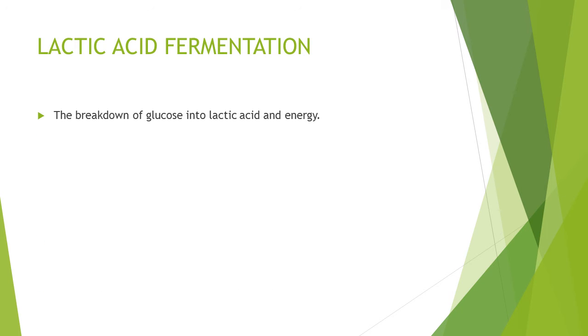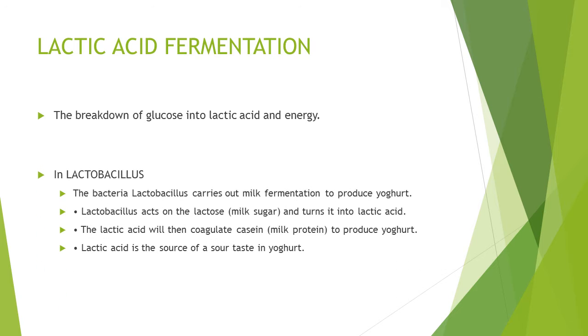Lactic acid fermentation. The breakdown of glucose into lactic acid. So glucose will be broken down into lactic acid and energy. So in this lactic acid fermentation, it only produces 150 kilojoules of energy. In Lactobacillus, so this is in milk. Lactose means milk sugar, bacillus is bacteria.